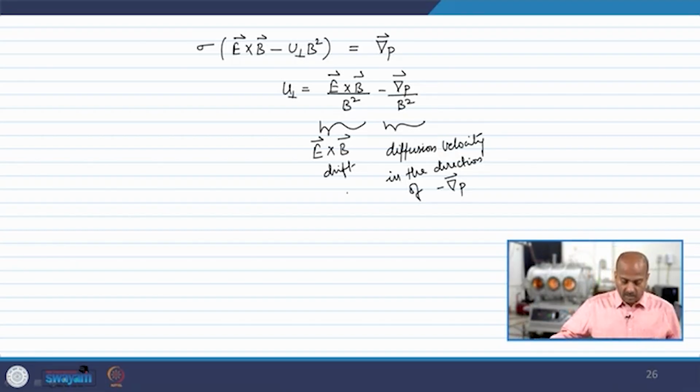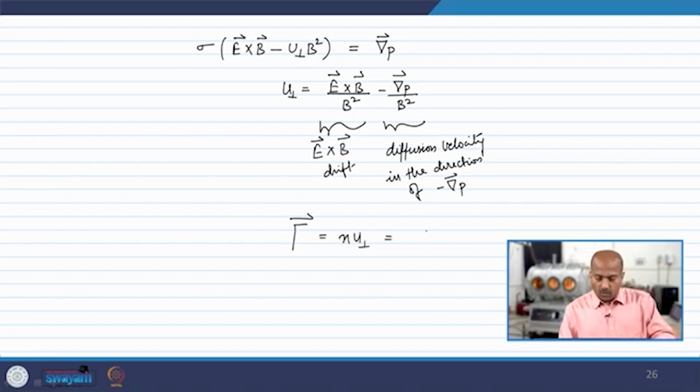pressure gradient. Now, if this is the velocity that we are talking about, then using some law, we can calculate the flux of plasma, which is having both these terms together. So, the flux gamma is n u perpendicular. We know this relation already, right.